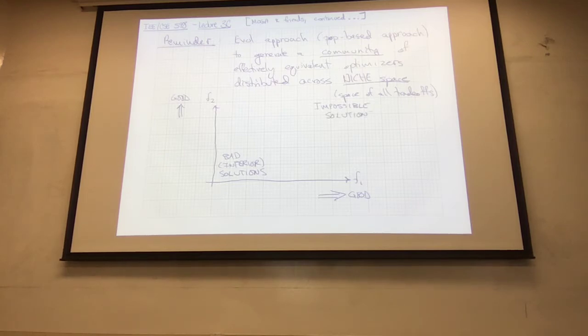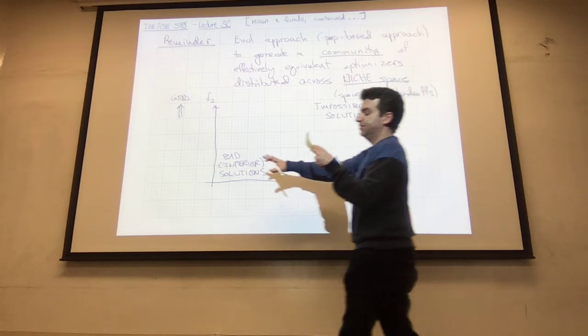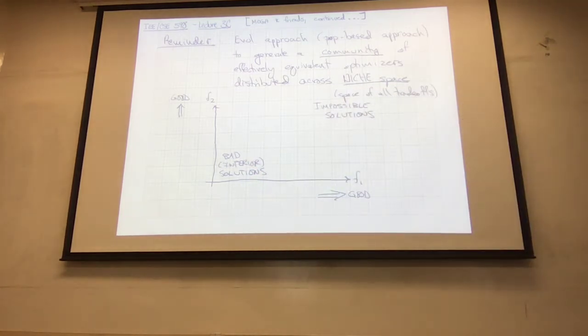And at the edge of this inferior solution space, there will be some boundary on which I can imagine a bunch of different solutions distributed across that boundary. We refer to this boundary as the Pareto Frontier. And the particular solutions, maybe abusive notation here, the set of solutions is the Pareto efficient set.